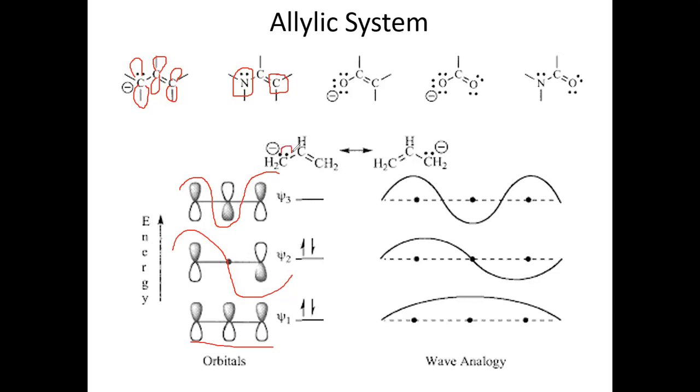So I can take this pair of electrons and push it here, and I can take this pair and push it here, and then I get this resonance form shown over here. All of these can participate in resonance. So that's an example of a 4-pi 3p orbital system, or an allylic system.